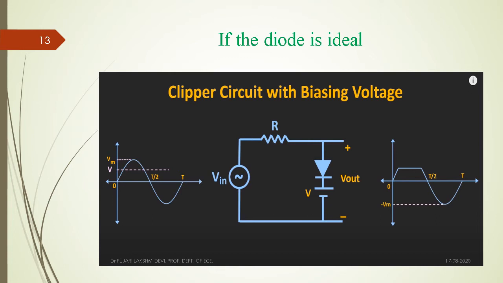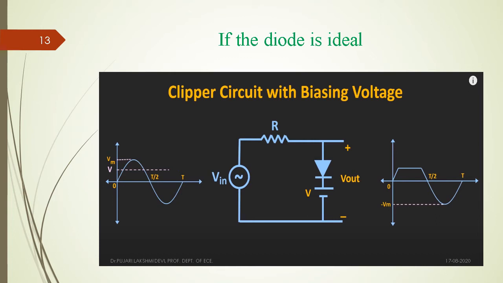If the input voltage is less than 5 volts, this particular diode is in open circuit, that is, the diode acts as an open switch.